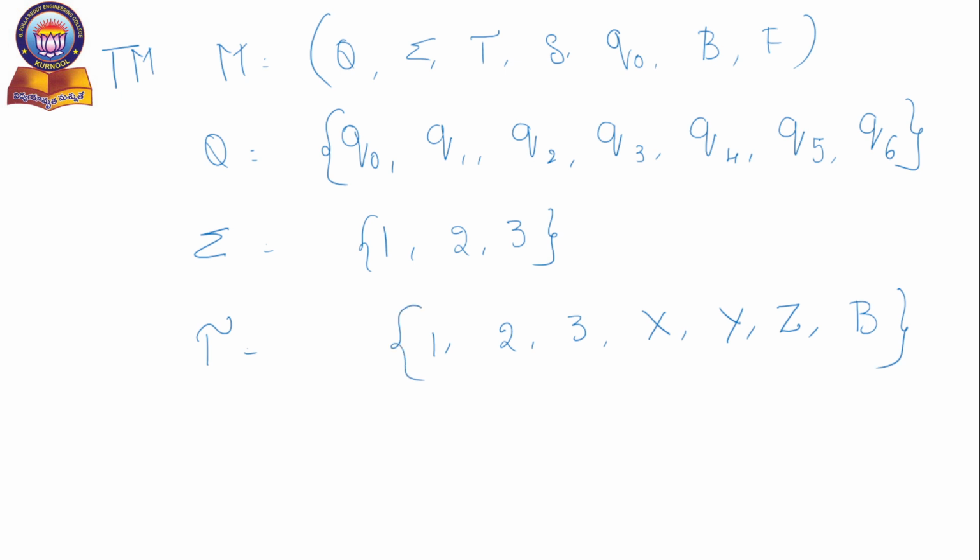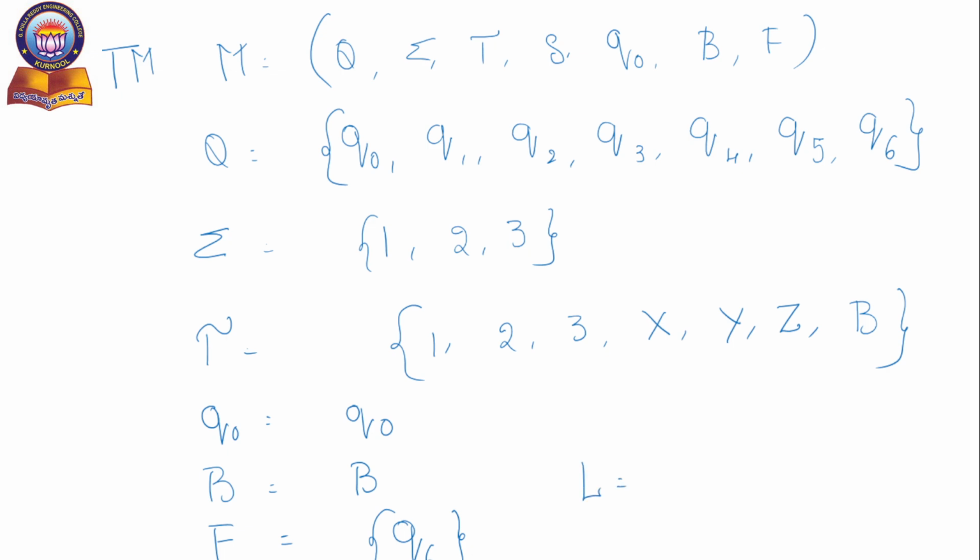And delta I have shown in the previous table, the transition table. Q0 is the initial state. So Q0 only. Blank is blank only. And the set of final states, only one state is the final state, that is nothing but Q6. So Q6 is the final state for this language.